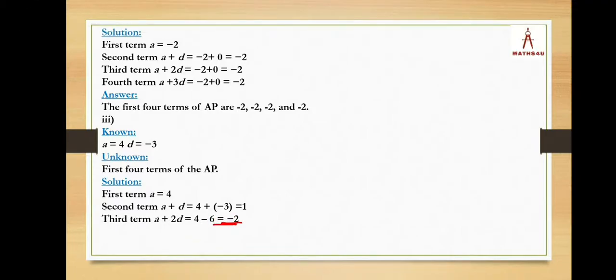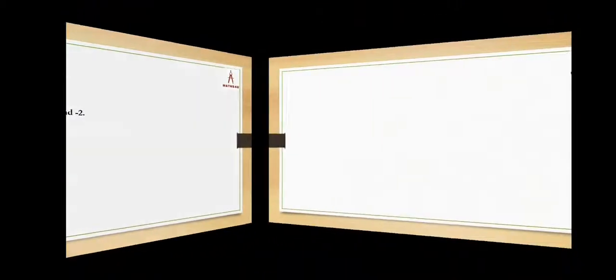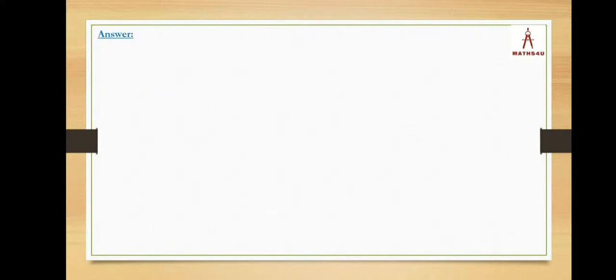The third term is A plus 2D. So 4 plus 2 into -3, how much? -6. 4 minus 6 is -2. What is the fourth term? A plus 3D, 4 minus 9, so equals -5. Okay. So you can say the answer is, the first four terms of the AP are 4, -1, -2, -5.